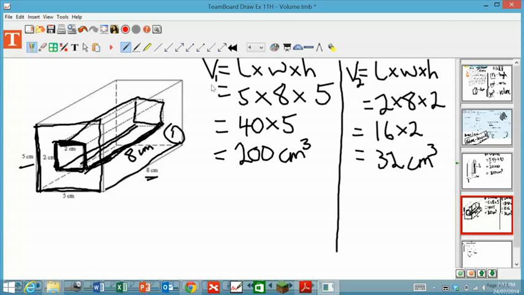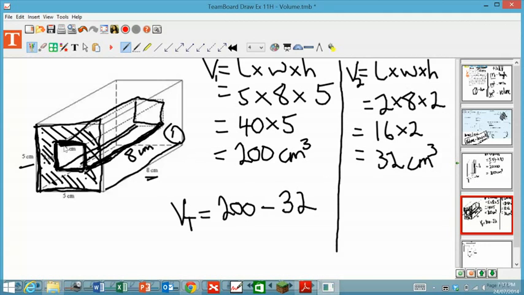So I've got my volume 1 and my volume 2. Now, do I need to find my complete volume of just this box with this section cut out in the middle? It's been removed, so I've got to subtract. So my total volume, or my final volume, whatever you want to call it, is going to be 200, which is the whole lot, minus the 32 that's been cut out.